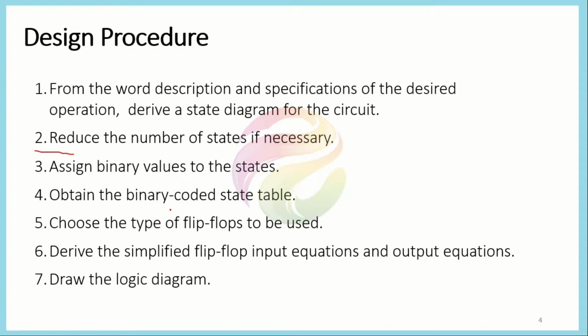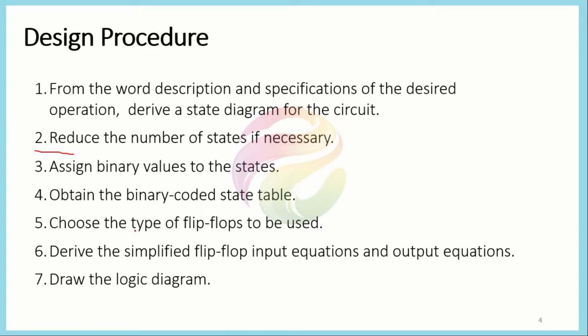Then from these binary values, we obtain a state table. The state table consists of multiple entries, which generally include the present state and next state, and then the inputs and the outputs. We choose what kind of flip-flop we will be using to design the circuit. It could be either the D flip-flop, the JK flip-flop, or the T flip-flop.